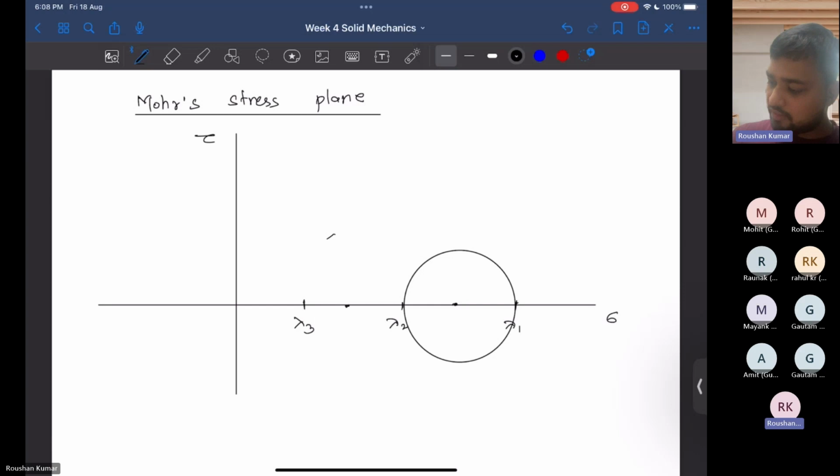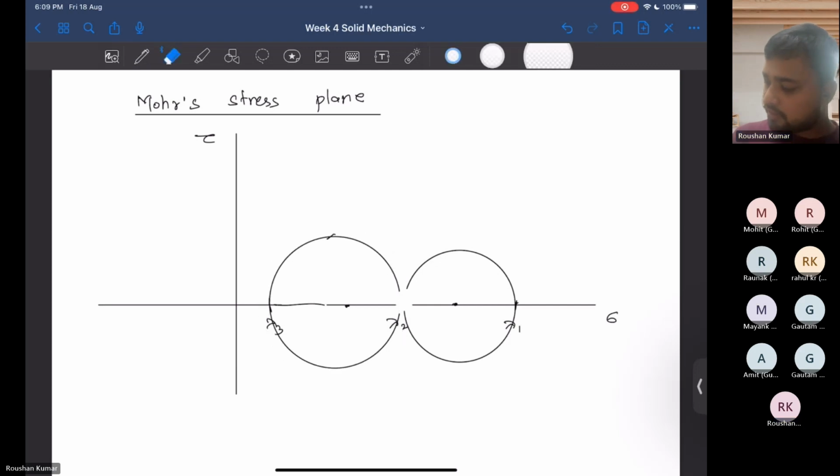Similarly here we can draw another circle using these two corner points. Okay.